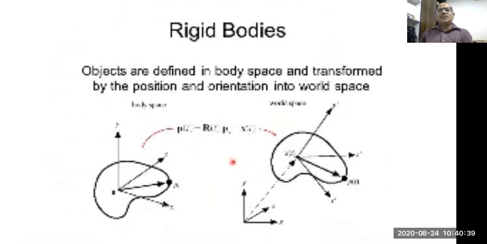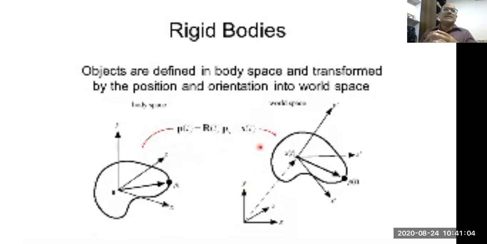So rigid bodies are defined in body space and transformed by position and orientation into world space. Body space is actually that small segment which we are trying to consider, and then we apply all those forces and domain-related information of that particular body space into the world space.